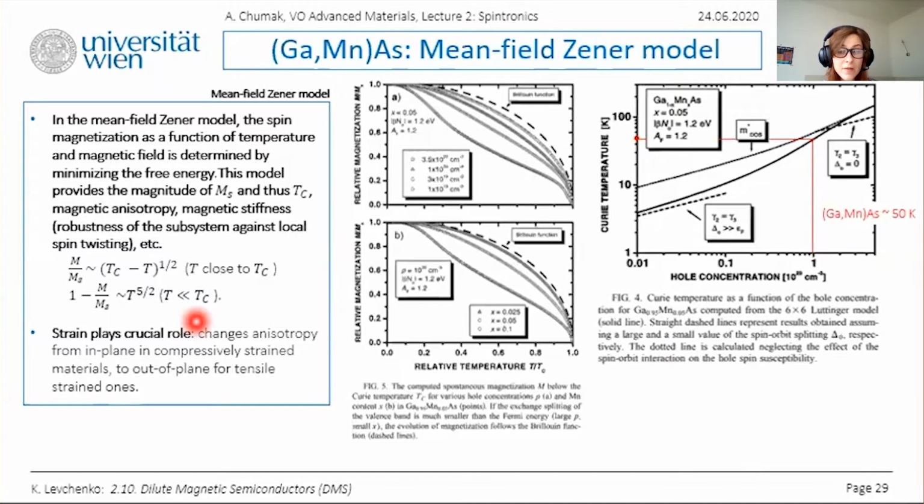In compressively strained layers, we see the in-plane magnetization. If we have tensile strained layers, we see the out-of-plane magnetization. In addition to strain, anisotropy can be manipulated by temperature in samples with appropriately low hole densities.